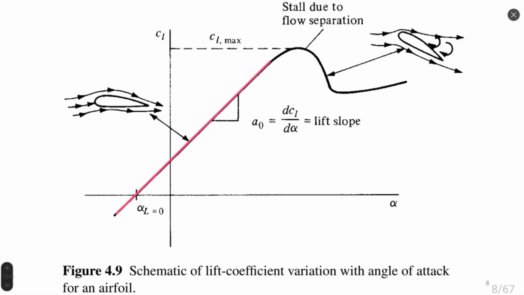Right? You see, I put a line on this screen, and it perfectly fits my first part of the function, the lift coefficient. And the second part is curved. It can have this shape, it has different shapes for different airfoils, and not just for different airfoils, but even for the same airfoil under different conditions. For example, for different Reynolds number or different Mach number, this curved part can change.